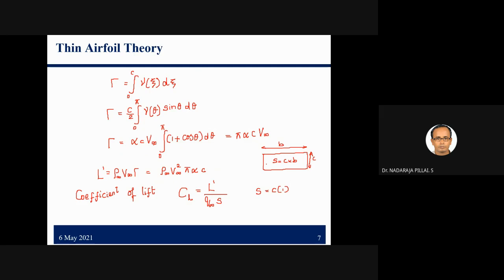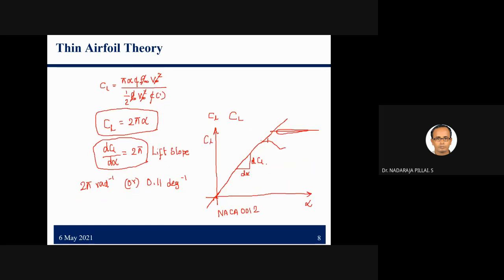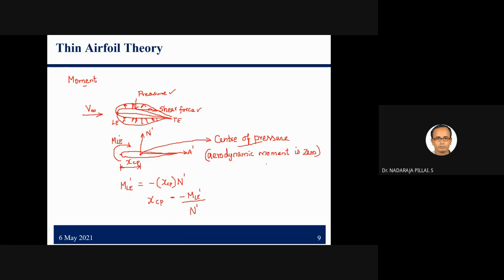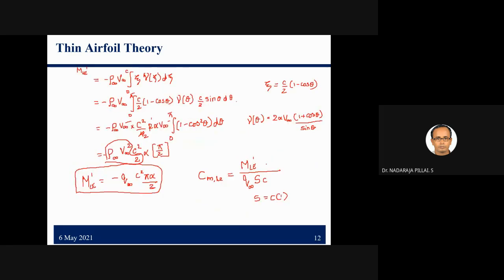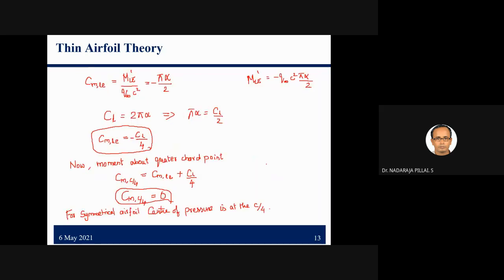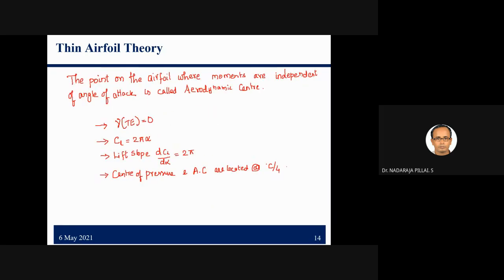Then we calculated the coefficient of lift and dCl by d alpha, that is the lift curve slope, and we attained the moment also, right? So we ended up with the moment calculation, and we had a summary that the Kutta condition is satisfied, and Cl is equal to 2 pi alpha.